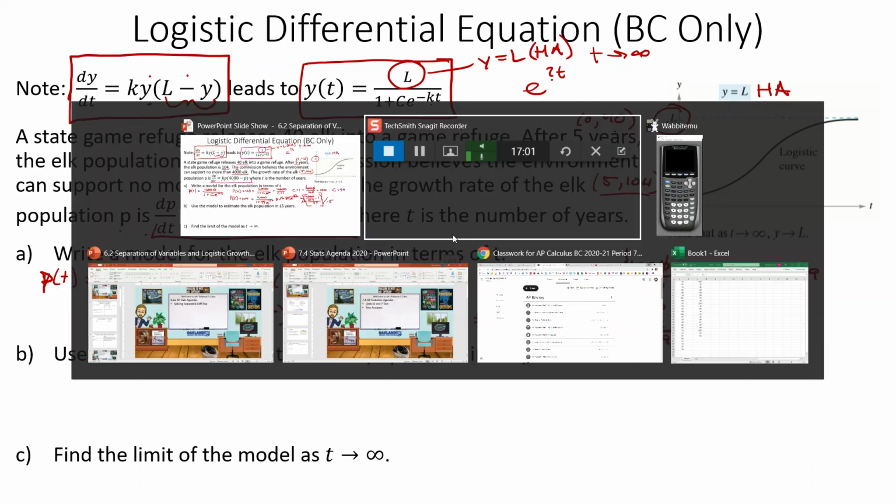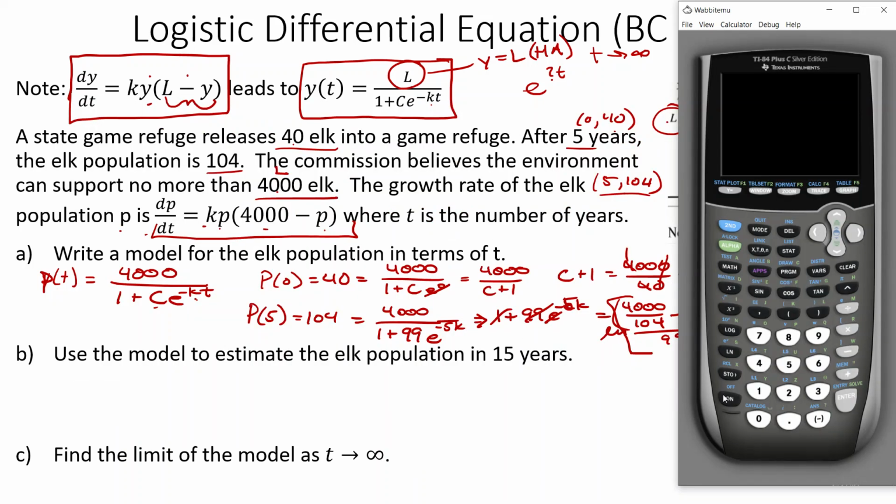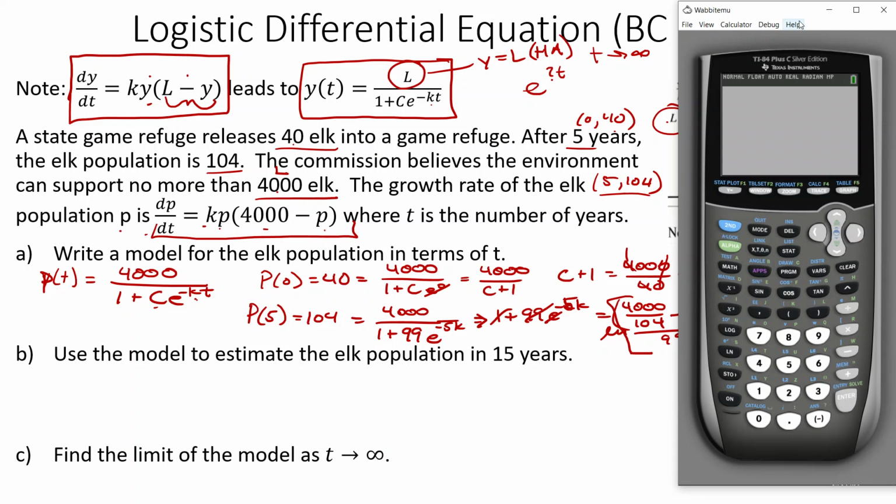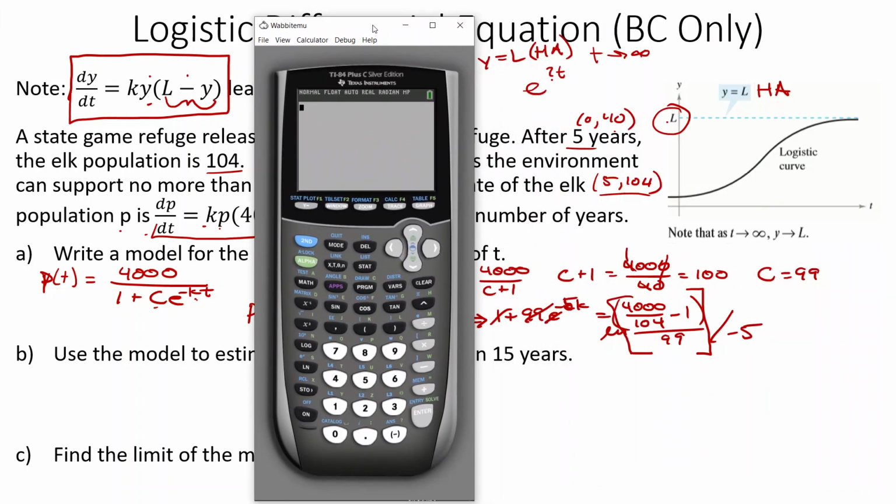And let's see, I do have a calculator somewhere. I do want that as a number, so let's turn that on. Move it out of the way here. And we're trying to type in this. So we've got the natural log of, let's see, we got to do the top in parentheses. So 4,000 divided by 104 minus 1, close parentheses.